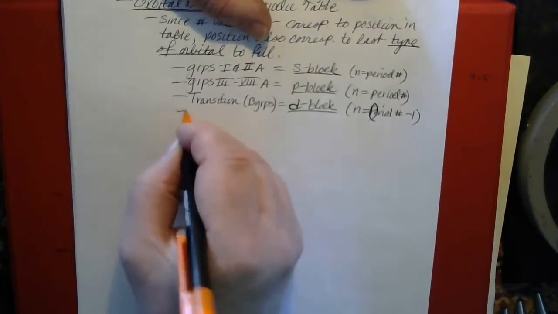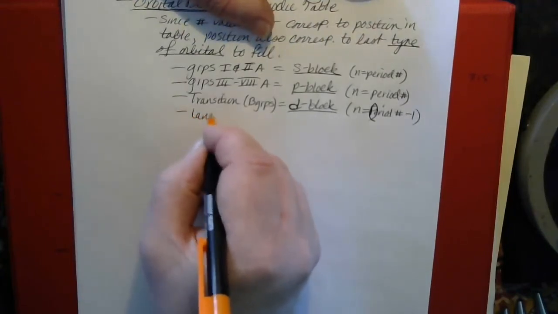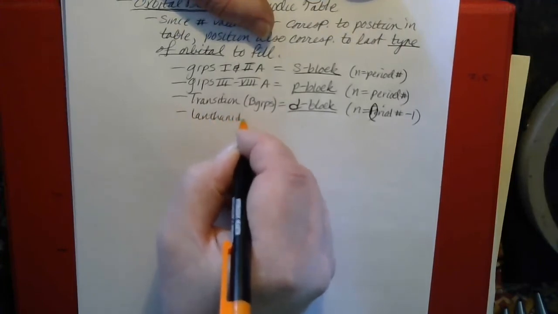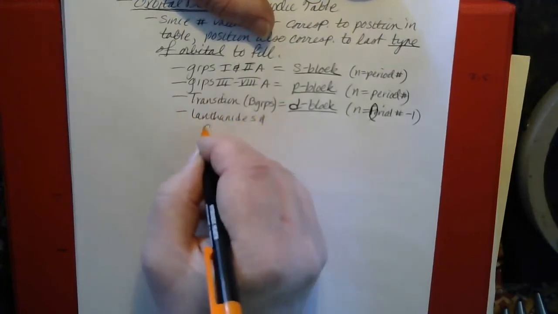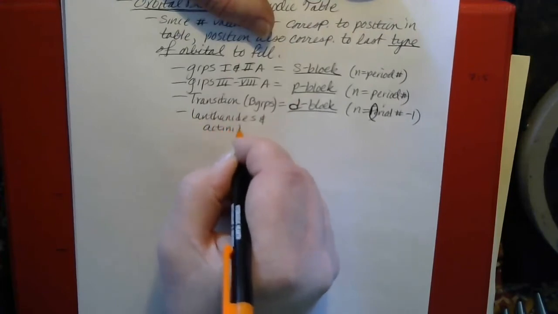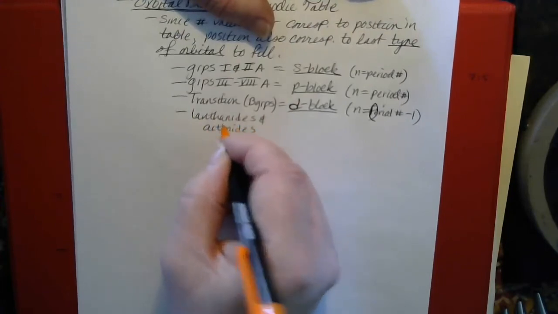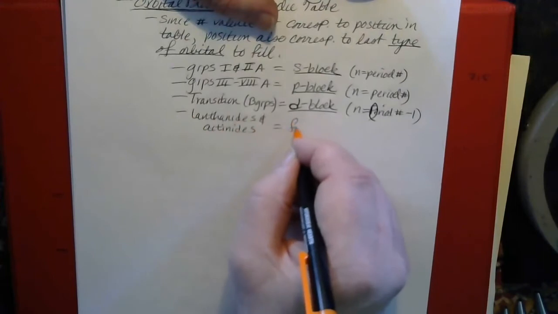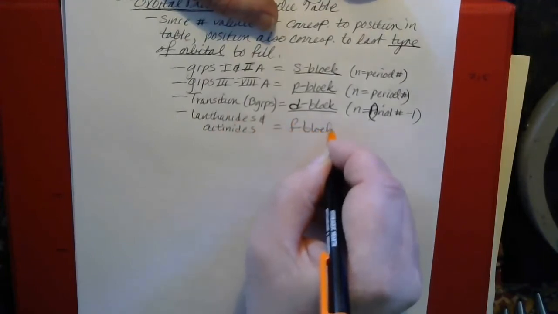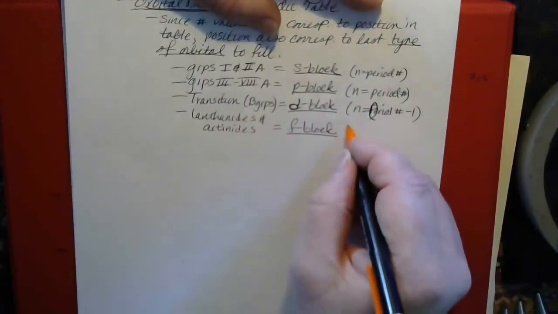And then there are the lanthanides and actinides. Those are known as the F block.